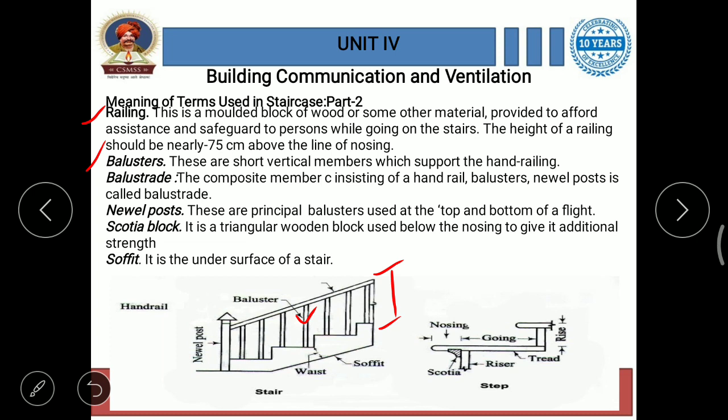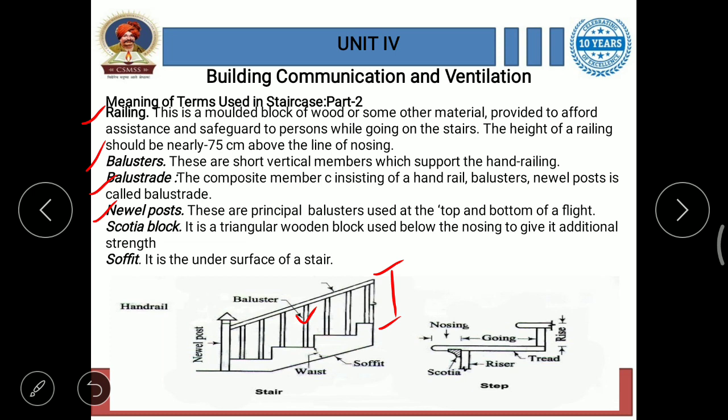These are the balusters. Balustrade: the composite member consisting of a handrail, balusters, and newel post is called a balustrade. The newel posts are the principal balusters used at the top and bottom of the flight.